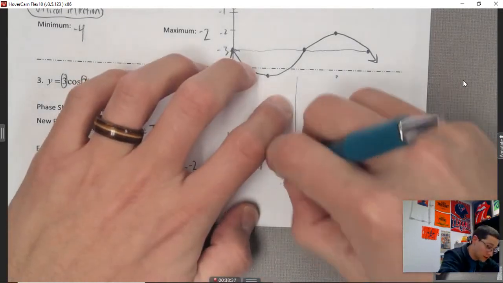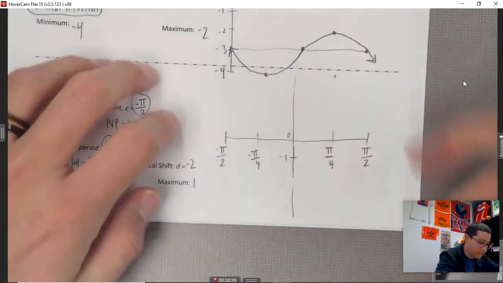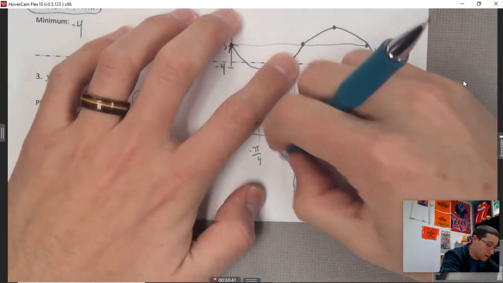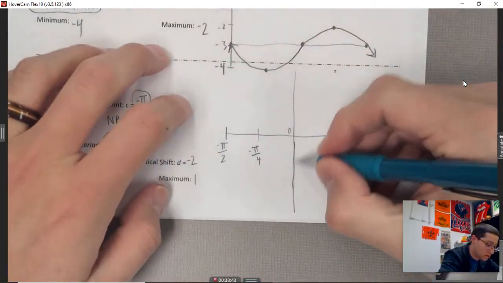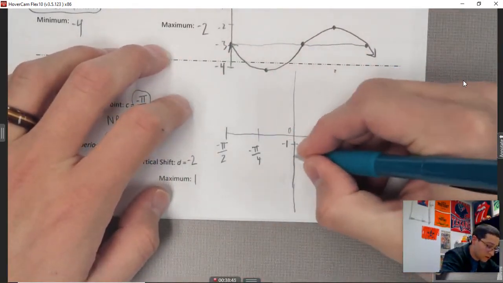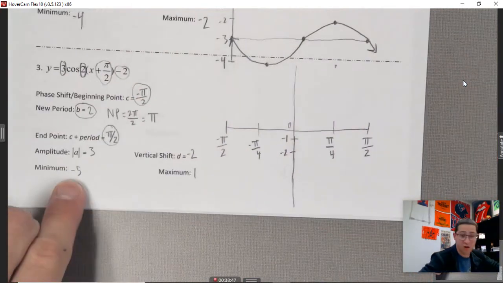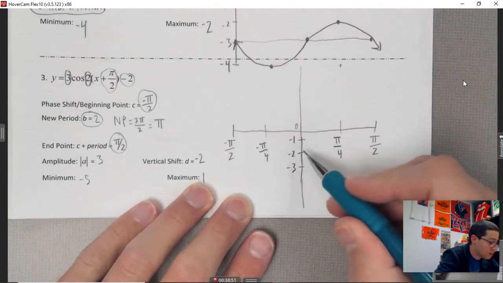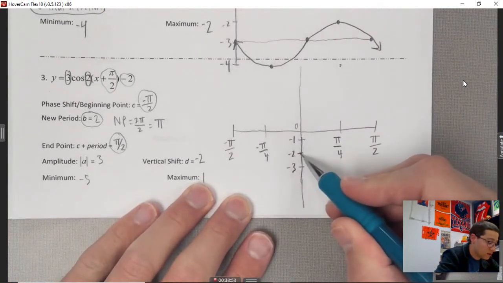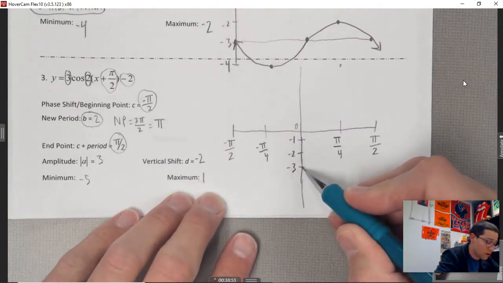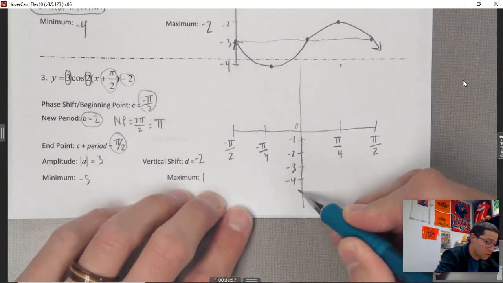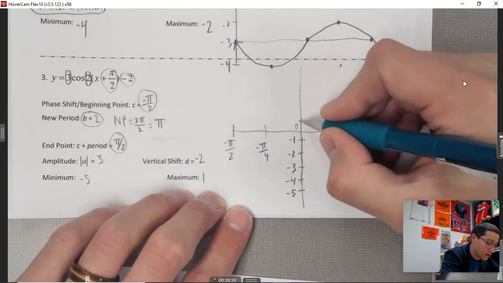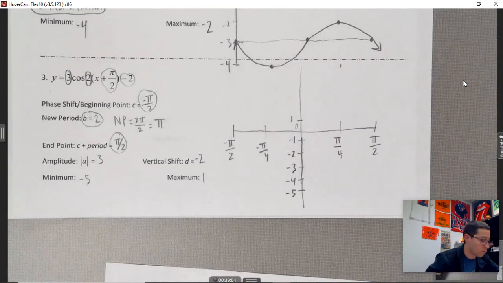Okay, and actually we're going to need to make it a little bit smaller. Negative 1, negative 2, because we got to get all the way down to that minimum of negative 5. Okay, negative 3. Baseline is at that negative 2, so we're going to go 3 from that. So 1, 2, 3.